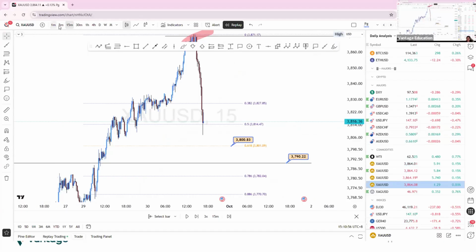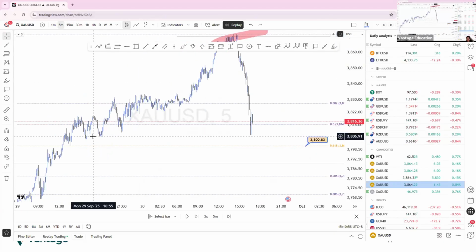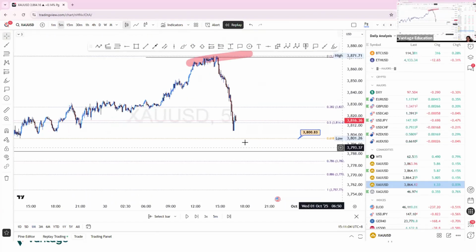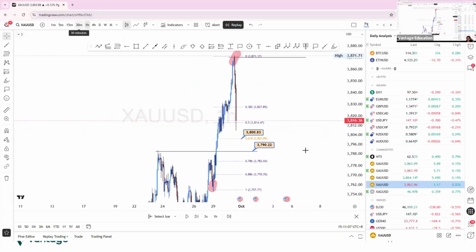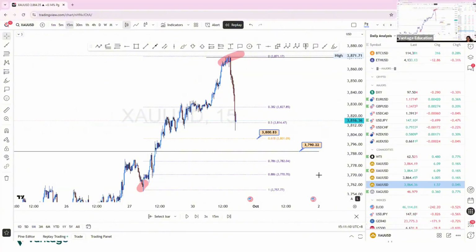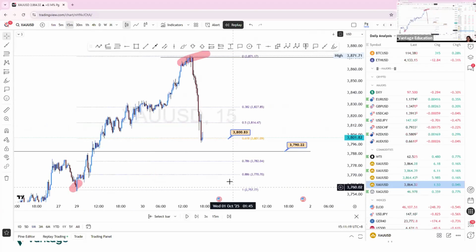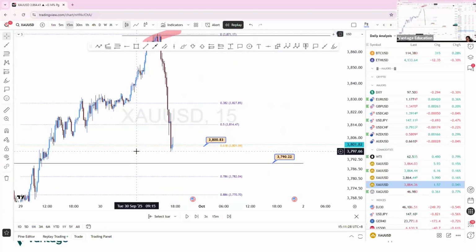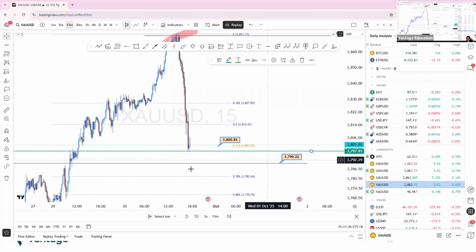If I zoom in to look for confirmation, you need to wait for price to come at least close to our level, which is 3800, or between 3800 and 3790. On the lower time frame, price has rejected slightly below 61.8 and 3797, meaning this is going to be the zone.